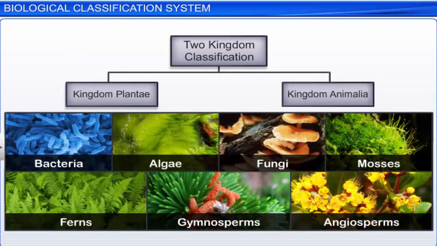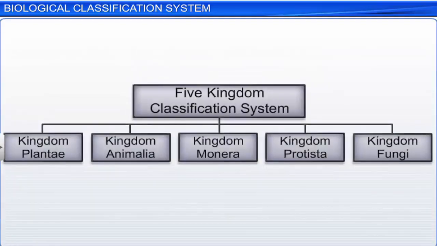The earlier classification systems included all bacteria, algae, fungi, mosses, ferns, gymnosperms, and angiosperms under the plants category, based on the common premise that each one had a cell wall in their cells. The five-kingdom classification remedied this by placing organisms in different kingdoms based on the differences in their characteristics.